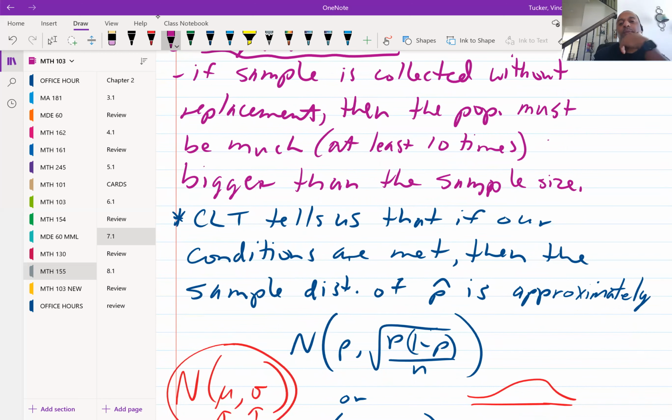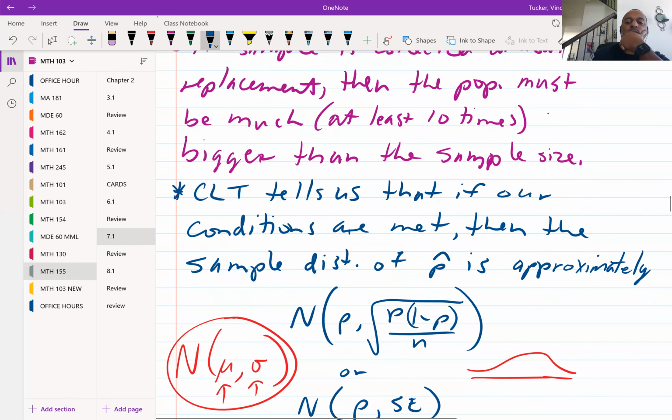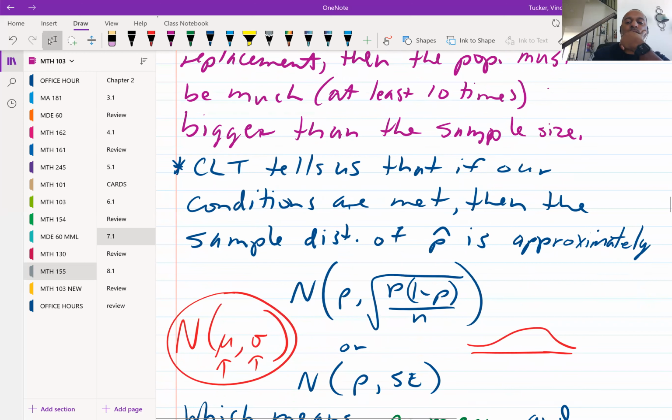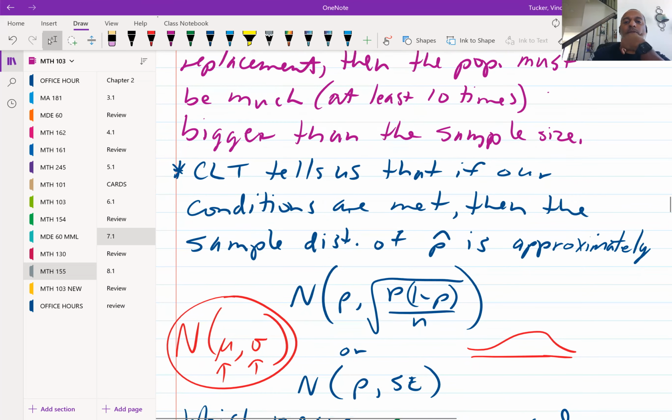Just want to give people a chance to finish copying the purple. Everybody still copying purple?